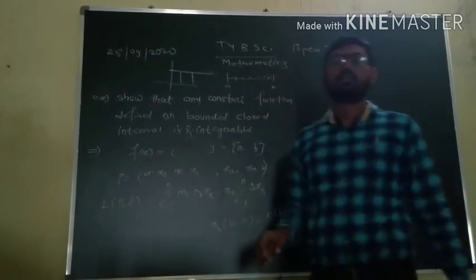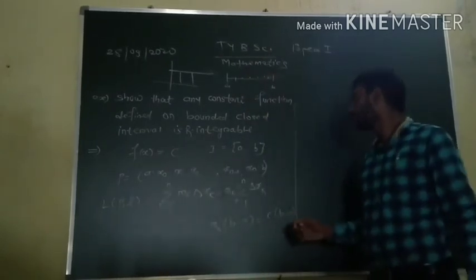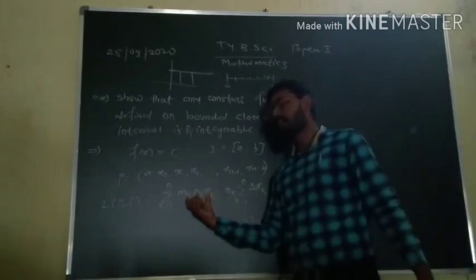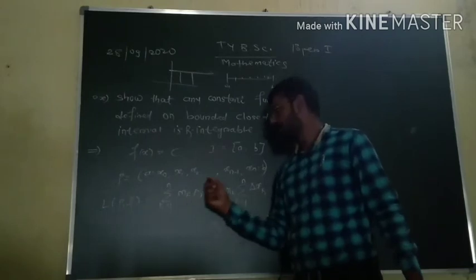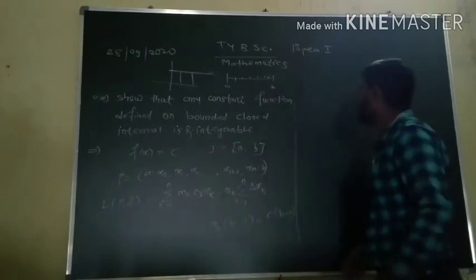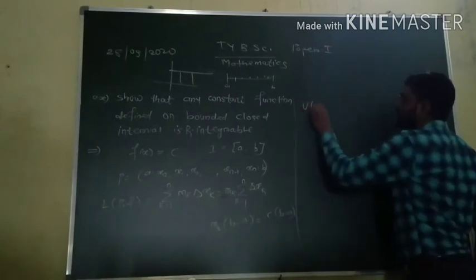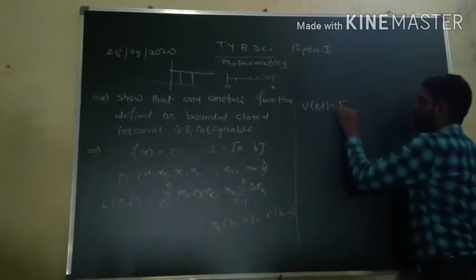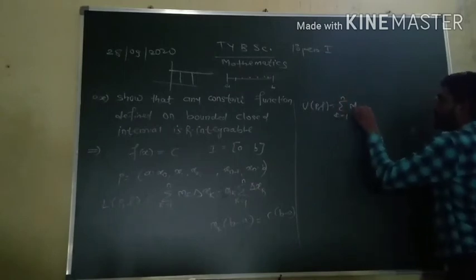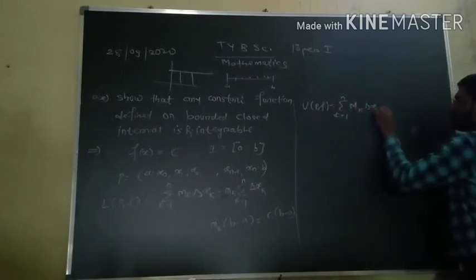Now similarly, let's find the upper sum. For the upper sum, we know the formula is similar to this. The only difference is that here we take the maximum value instead of the minimum value. So upper sum is equal to summation k equal to 1 to n of capital Mk delta xk.